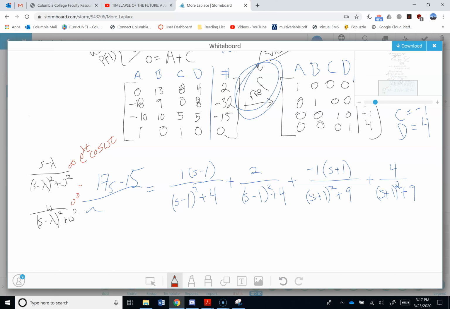Okay, so I have these two lines that I'm writing in red from my Laplace table. Now I'm going to think about this first one. So I have s minus 1 over s minus 1 squared plus 4, and that looks an awful lot like an e to the lambda t cosine omega t.